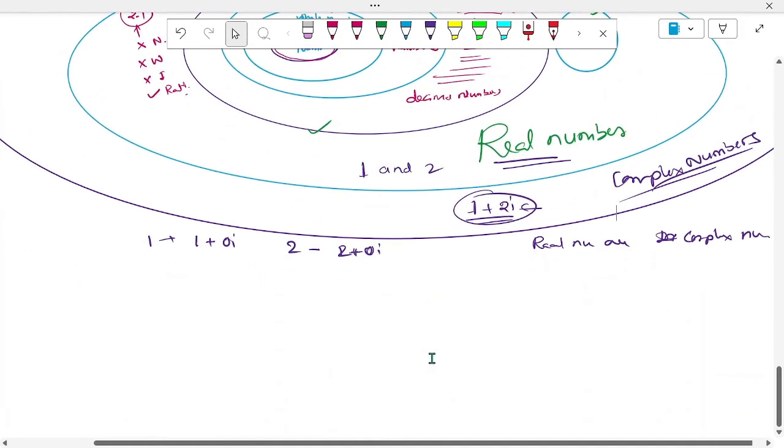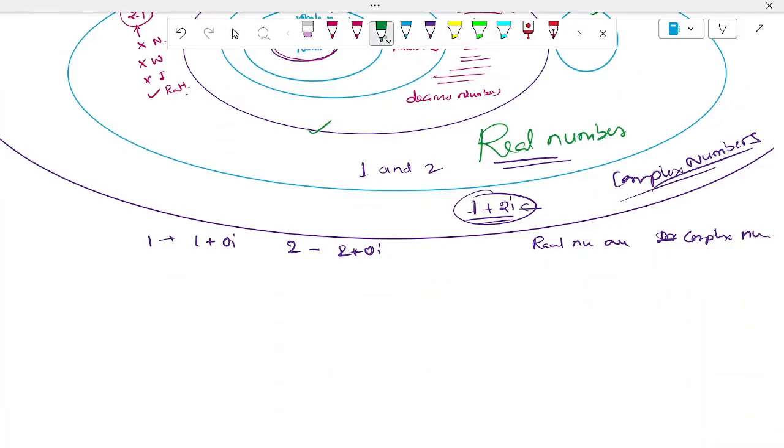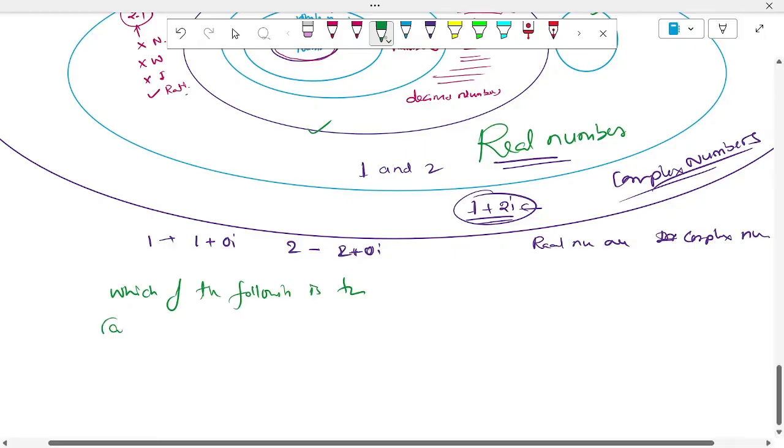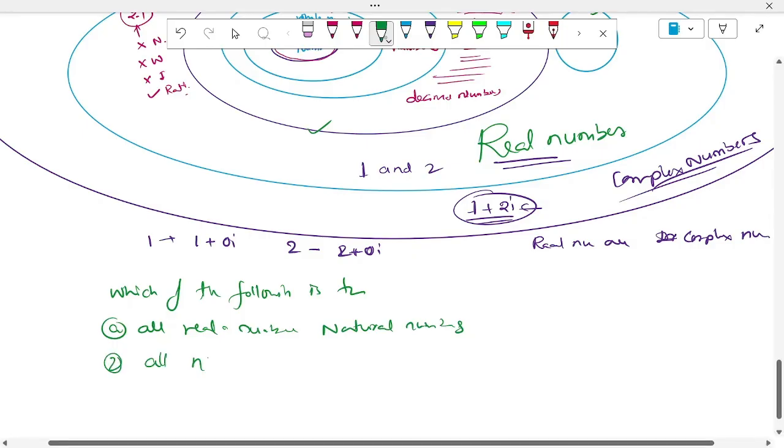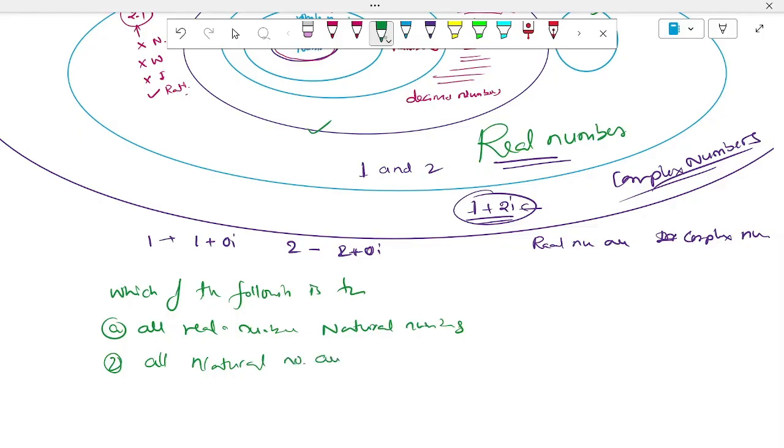Now in exams sometimes you will get a question like this. Which of the following is true? They'll give option A, all real numbers are natural numbers. Second one, all natural numbers are real numbers.